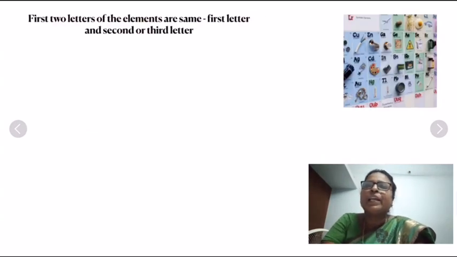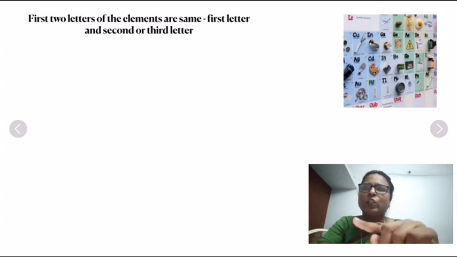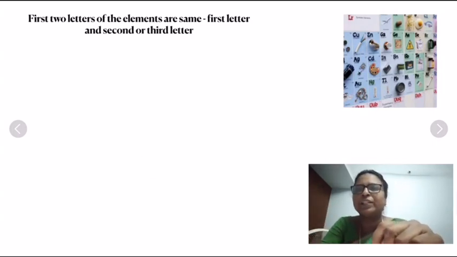Next, if the first two letters are the same, for the elements, what can we do? We can take the third letter. The first letter is common, and if the second letter is also the same, we can take the third letter of that element.